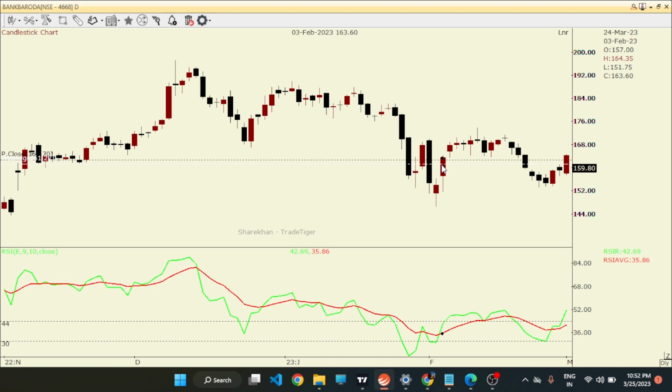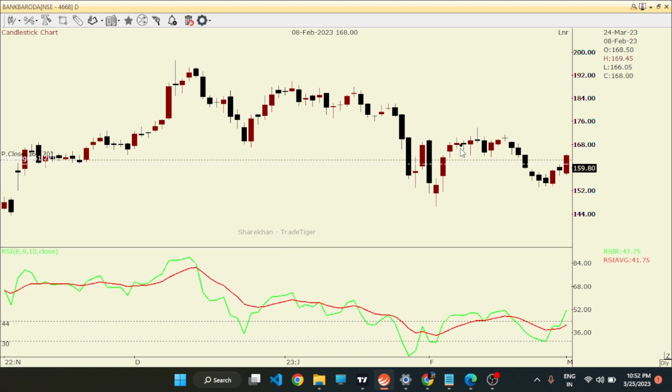After that it gave another entry here on 3rd February. Candle closing was at 163 and low was 151. As you can see, there is a wick here, so I am considering the body's low. Body's low is at 157. So it's almost a 6 point SL here. So plus 12 points will be our target, 163 to 175.